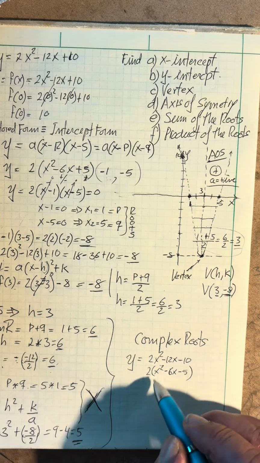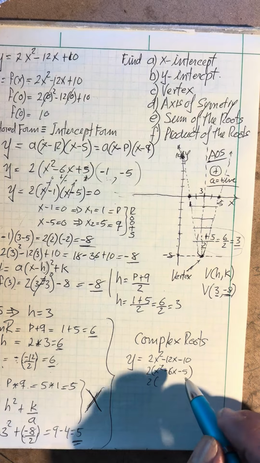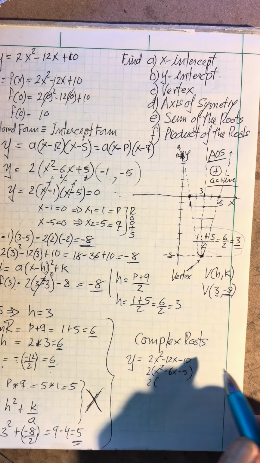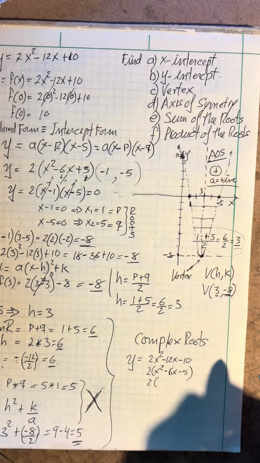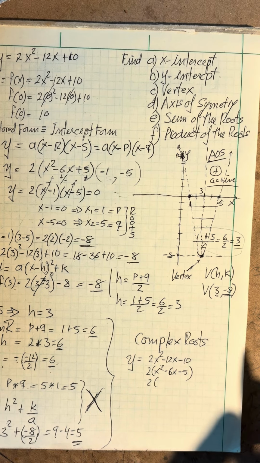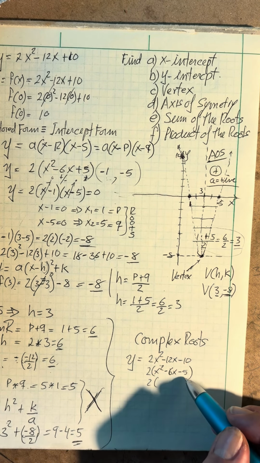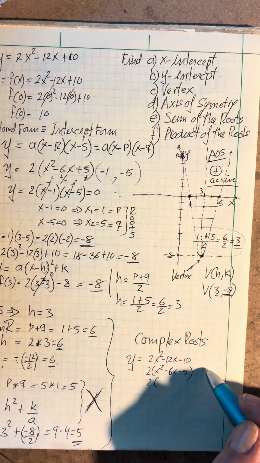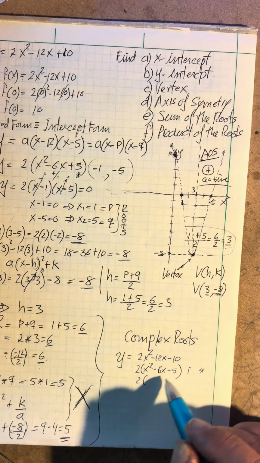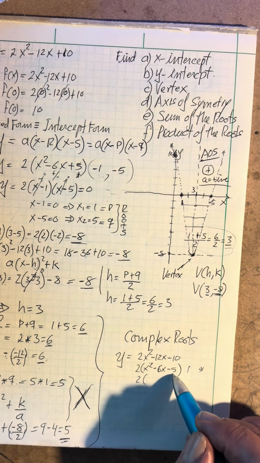Let's see what happens if I try to get the factors. It's not going to happen, because what two numbers multiply to give me a minus?